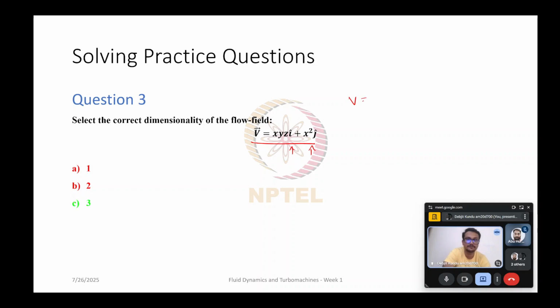What matters is what the functions describing these components are a function of. So velocity in the x direction, which is xyz, is a function of all three components x, y, and z. So that's why the dimensionality is 3. Correct. Good.